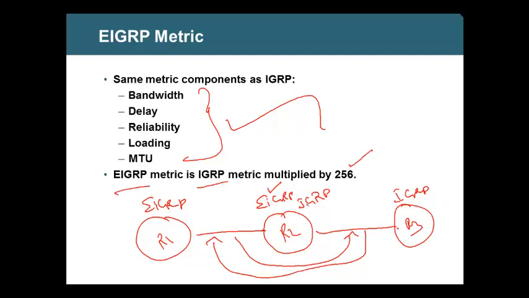So automatically when EIGRP provides a route with metric, IGRP will divide it by 256, not multiply, because for IGRP it should be 8-bit less. And when IGRP provides a route with metric, EIGRP will automatically multiply it by 256. So what I am coming to say is, they are compatible.